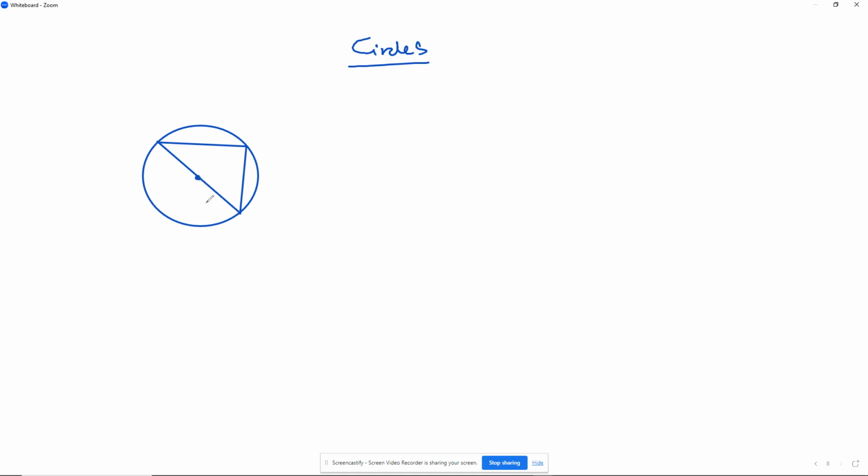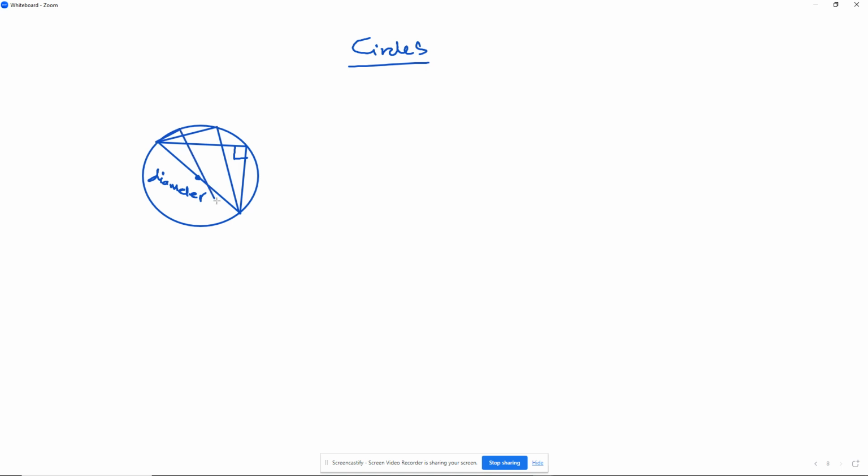If you at any point in time have a diameter like that, then the angle opposite or in this part of the circle, which is a semicircle, will always be 90 degrees. This is known as angles in a semicircle, which means that even if I put the angle over there, that angle is 90.